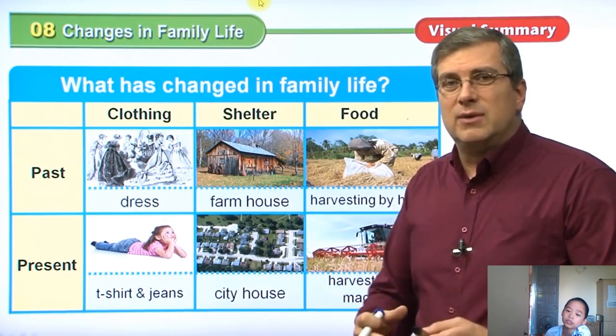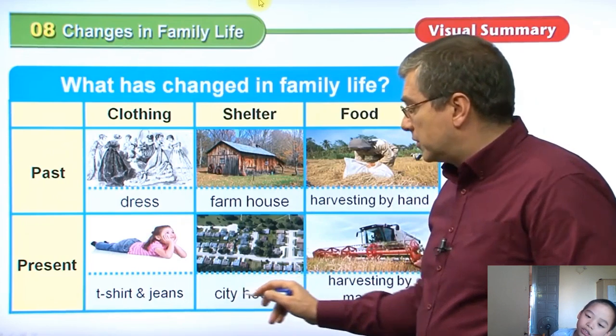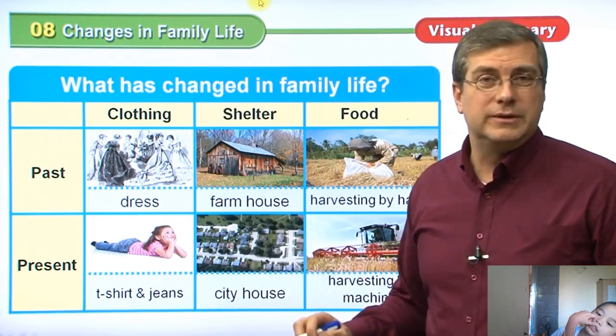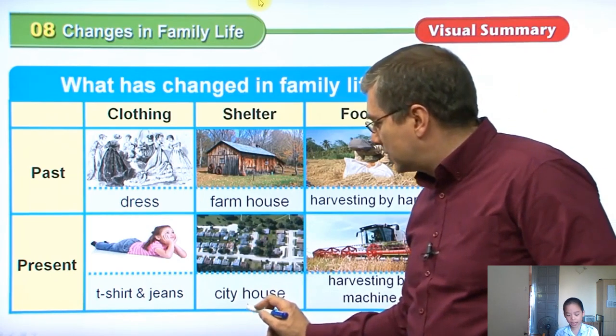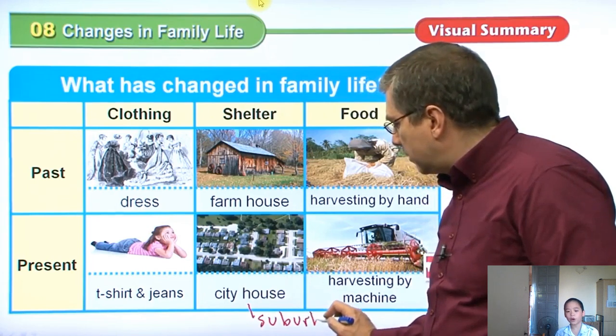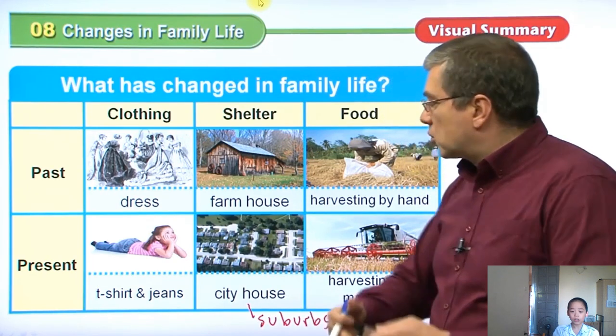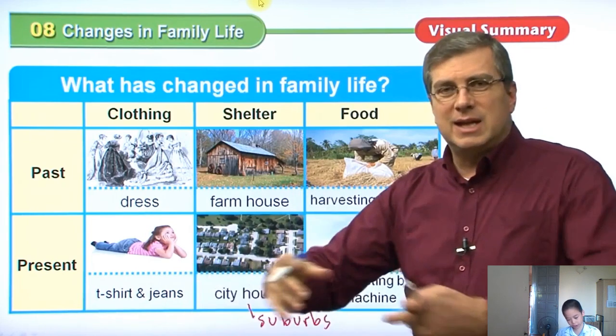So in the past, food was harvested by hand, because in the past there were no cars or machines.